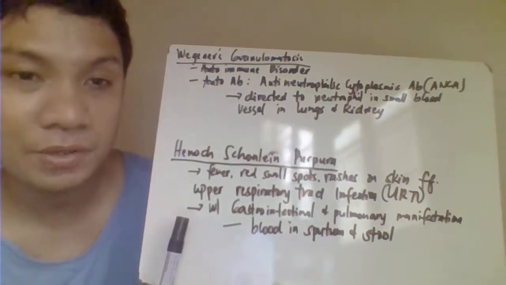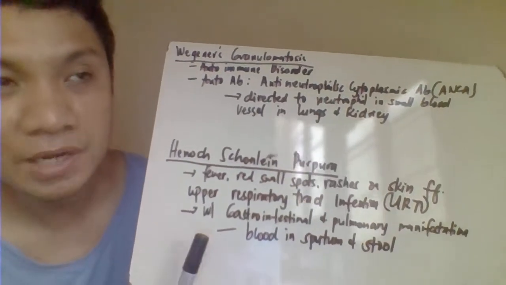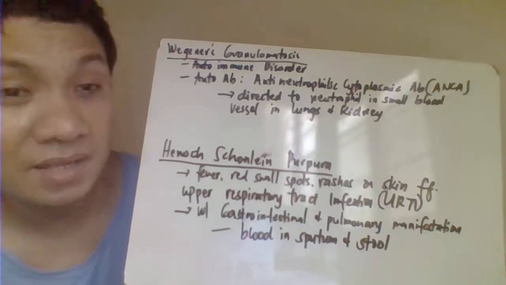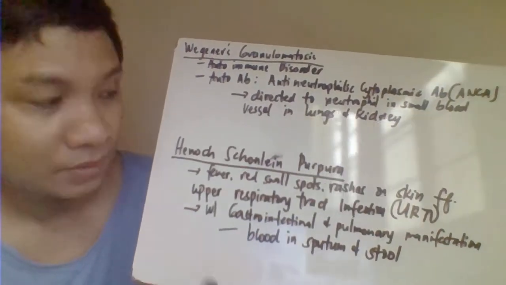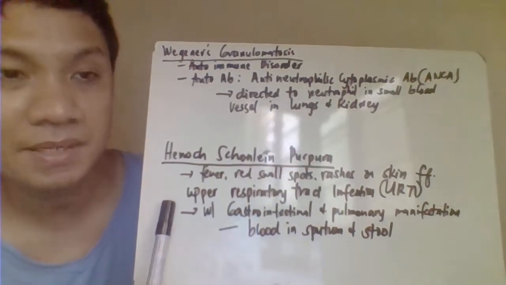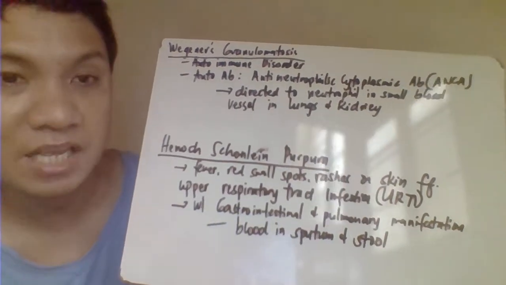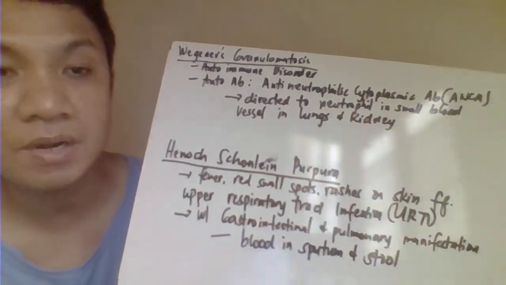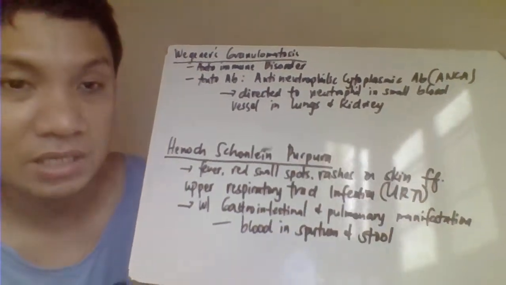Another one, Henoch-Schönlein purpura. Pag purpura, always may red spots, rashes, the purpura na tinatawag. So, Henoch-Schönlein purpura is basically an immune complex manifestation following your viral infection, upper respiratory tract infection, very common among young children.